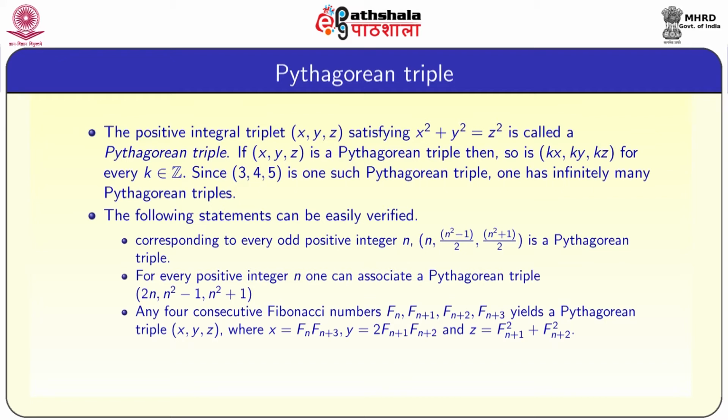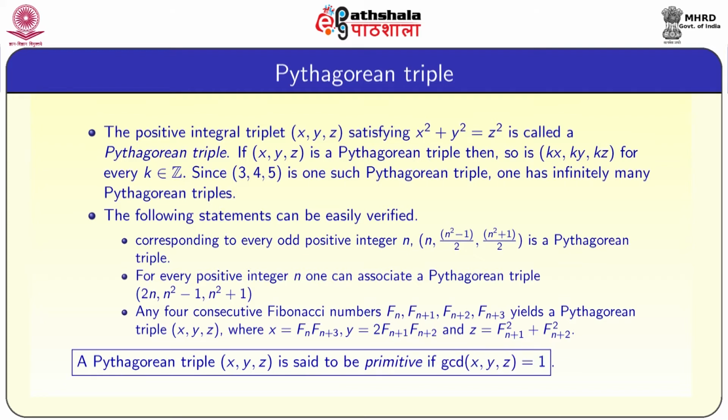So, if I take 4 consecutive Fibonacci numbers and define x as fn into fn plus 3, y equal to 2 times fn plus 1 into fn plus 2, and z equal to fn plus 1 square plus fn plus 2 square, then that is a Pythagorean triple.